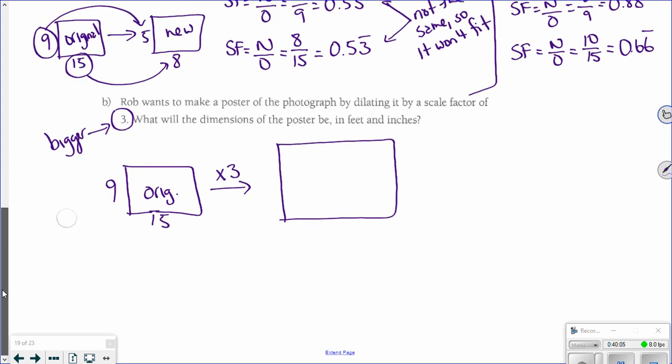So one side, I'm going to call this the length and this the width, just so I'm clear which side I'm working with. If I want my new length, it's going to be my original length times my scale factor. So 15 times 3 is 45 inches.